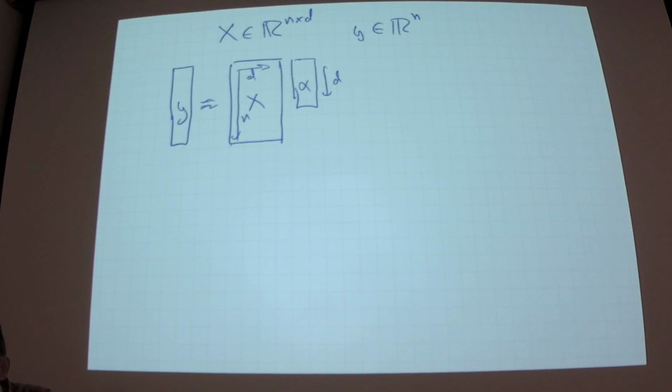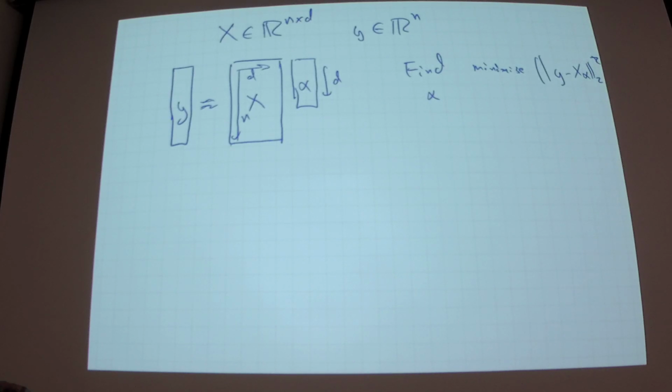So I want to find alpha to minimize y minus x alpha, squared.